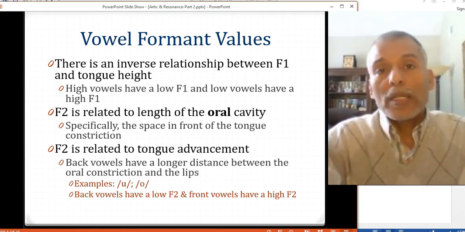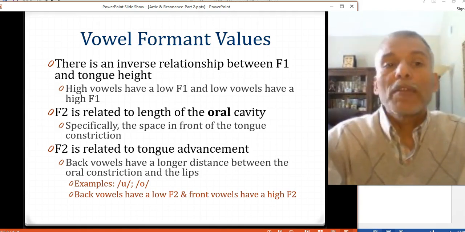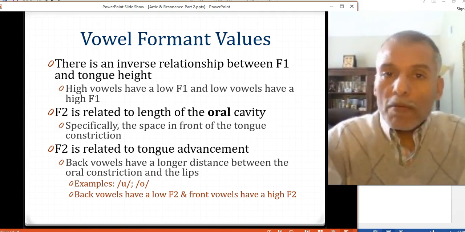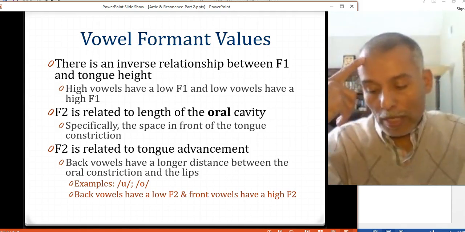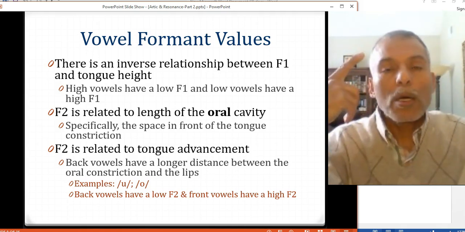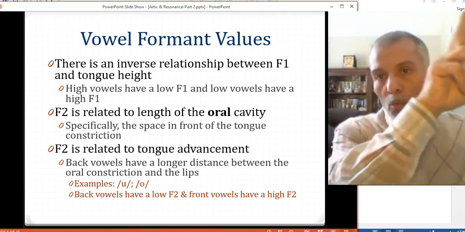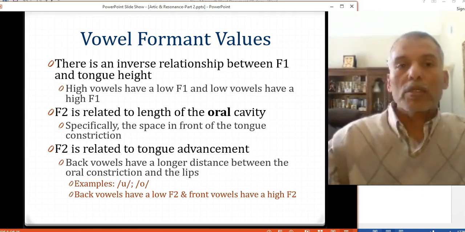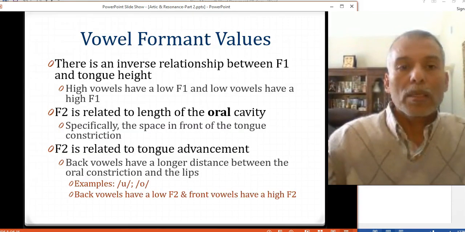So generally, high vowels have a low F1, and low vowels have a high F1. So, what does that mean? How many high vowels do we have? Think about the vowel quadrilateral. You are going to have two high front vowels, two high back vowels.